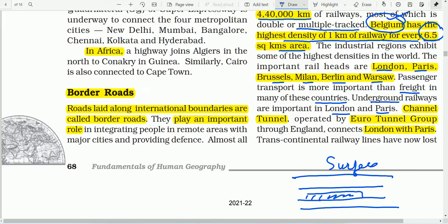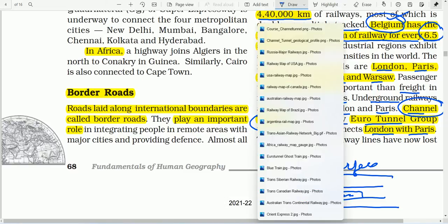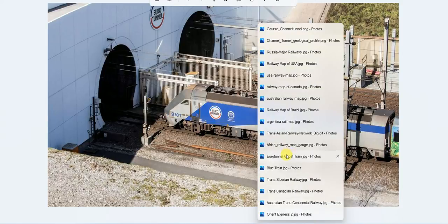A very good example is the Channel Tunnel, operated by the Eurotunnel group, through England, which connects London with Paris under the seawater. You should not forget this. The name of the track is Channel Tunnel. It is operated by the Eurotunnel group, and it connects London with Paris under the sea. Actually, see here, this one.